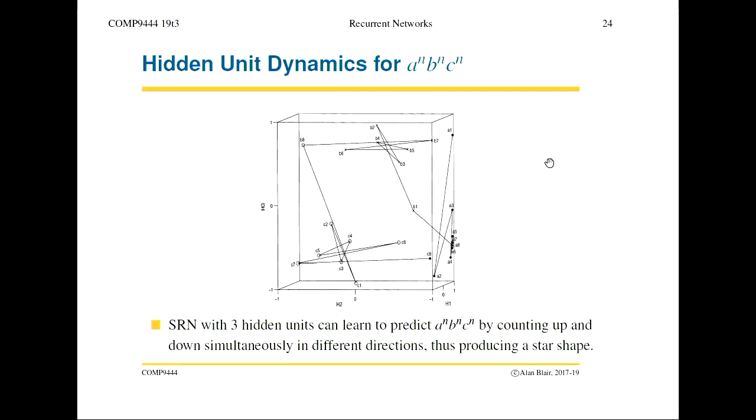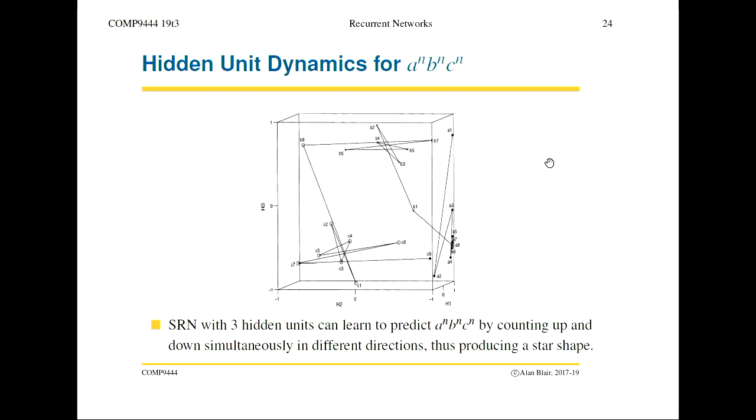So you have 3 inputs now, 3 hidden nodes, 3 outputs, and I think we had some shortcut connections as well. It is able to learn this, and the dynamics are quite interesting. As it learns the A's, it's spiraling inwards, and then as it learns the B's, in one direction, it's kind of counting up and down simultaneously.